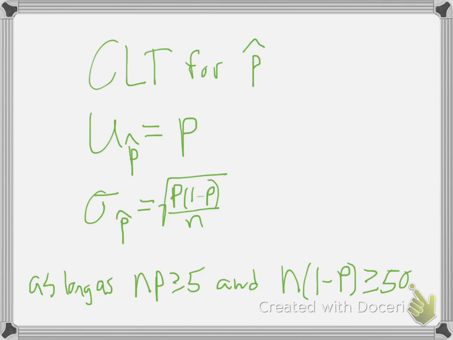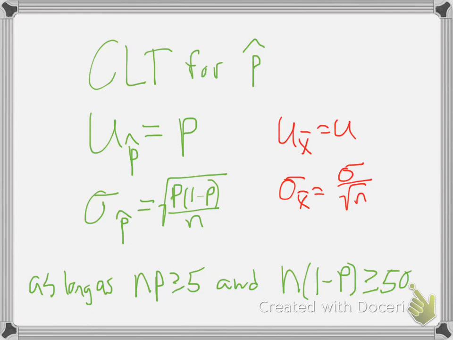I'm going to put this in red. This is very similar to the mean of the sample means being equal to the original mean, and then the standard deviation of the sample proportions is equal to the square root of p times 1 minus p over n. A little bit more complicated, but it's similar to the standard deviation of means equaling the old one divided by the square root of n.